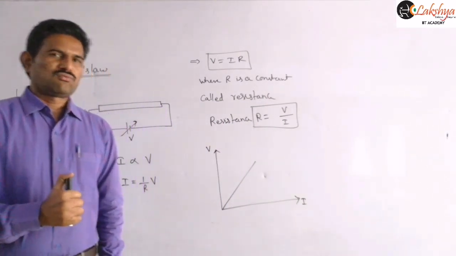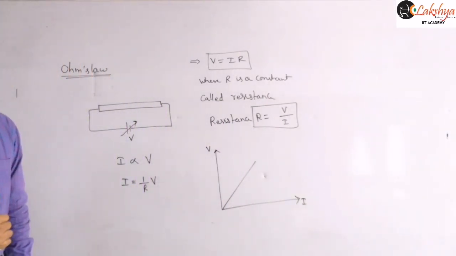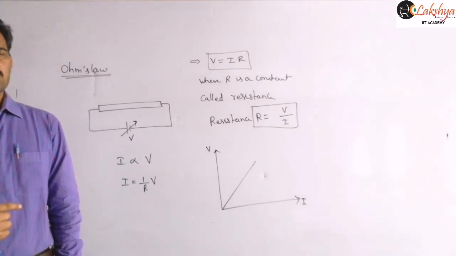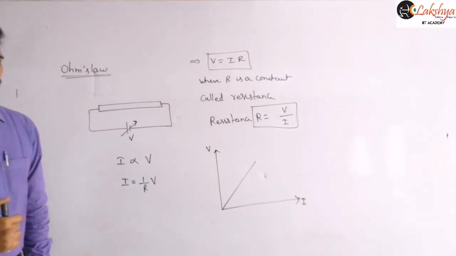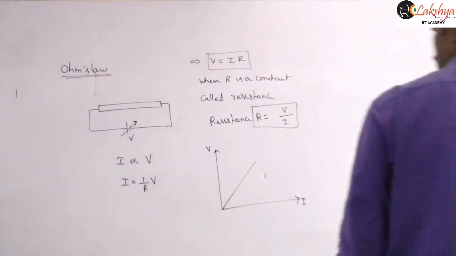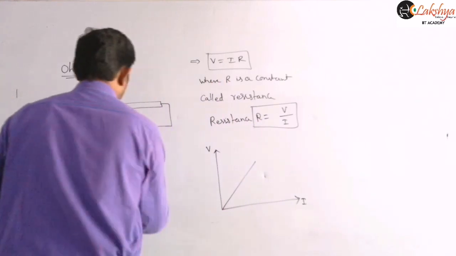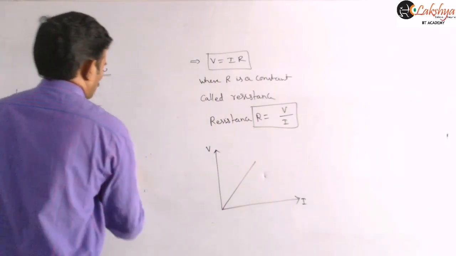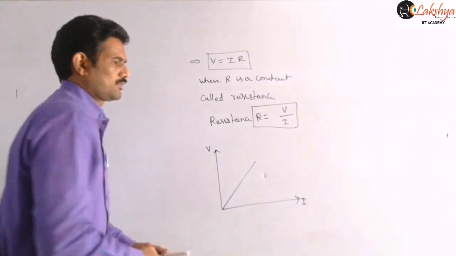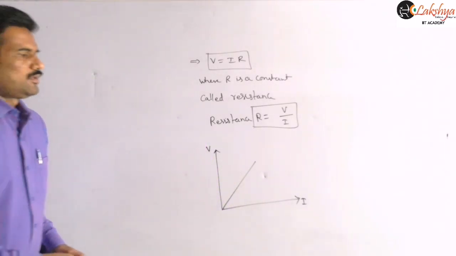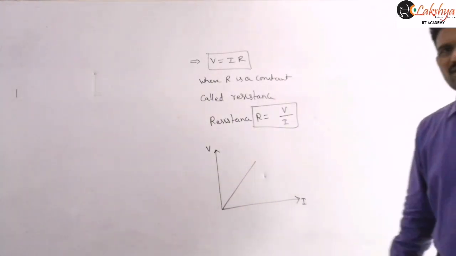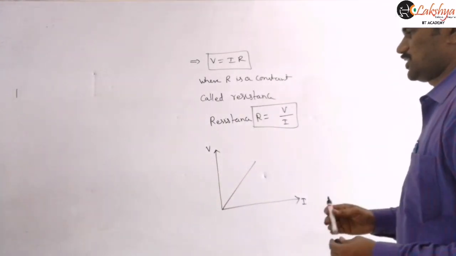The VI graph for such materials is a straight line passing through the origin. Examples: all conductors are ohmic conductors.